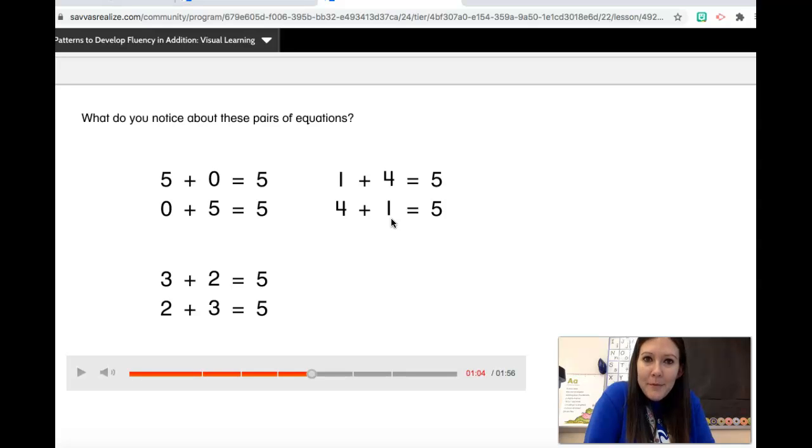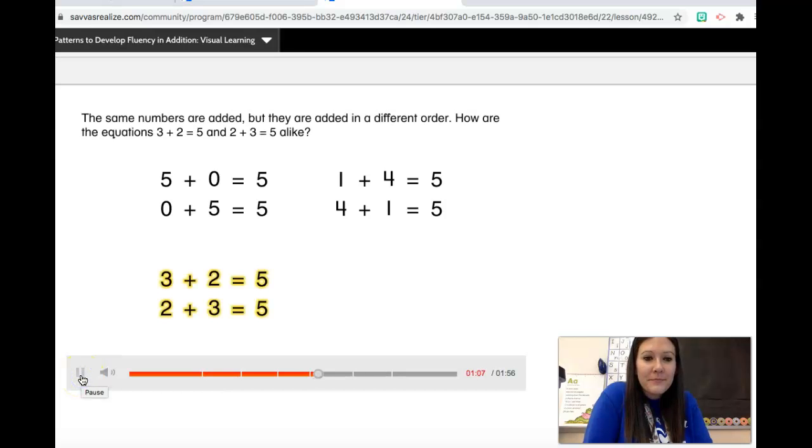We've talked about that before, haven't we? 1 and 4 is 5, and 4 and 1 is 5. Let's look at this one. 3 plus 2 equals 5, and 2 plus 3 equals 5. These two numbers are just turned around. How cool!